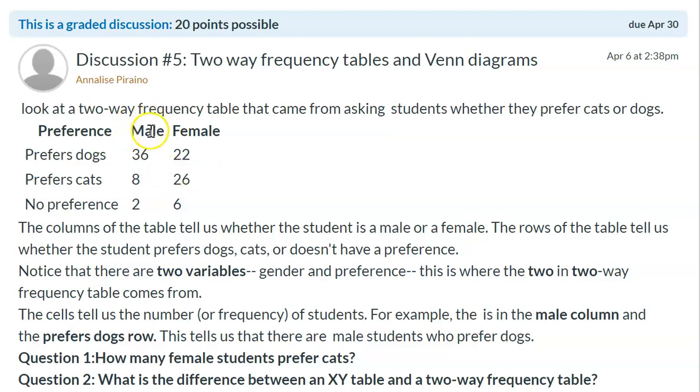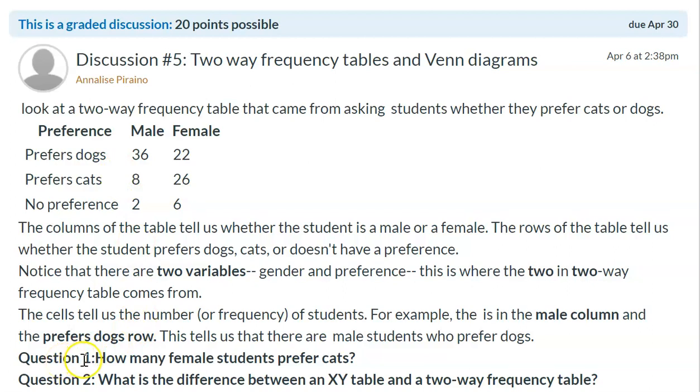You have a column representing boys in the class and a column that represents girls in the class, and then their preference for dogs, cats, or maybe some of the students don't care at all whether they have a dog or a cat. Based on this table, we are supposed to answer 2 questions.